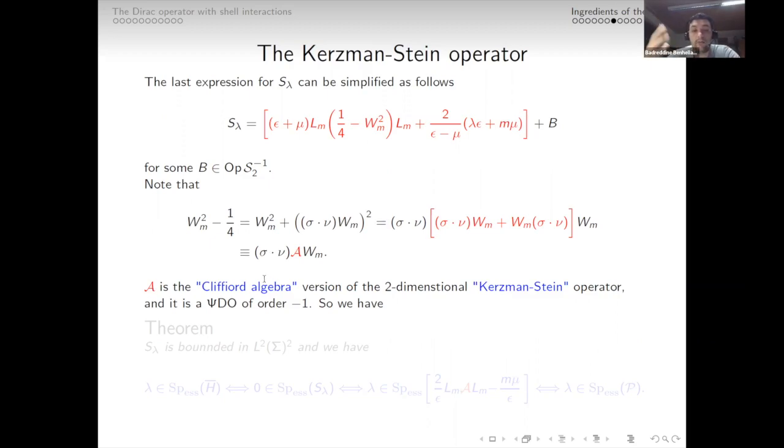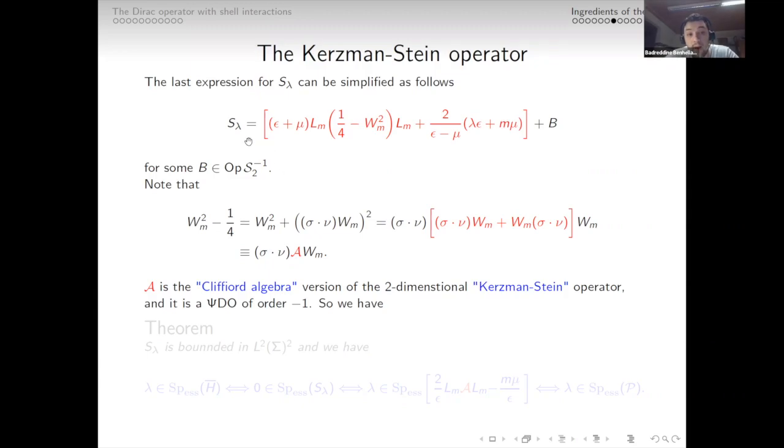And thanks to the pseudo-differential property of Wm, although I didn't write the complete result, we have in fact the explicit symbol. And when you see the explicit symbol, it is easy to verify that A is a pseudo-differential operator of order -1.